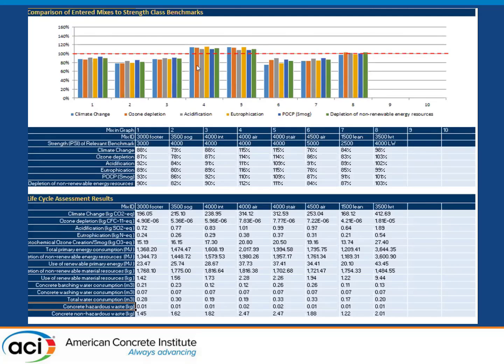And then when you're seeing the 4,000 air, this mix had a straight Portland mix. So in this case, it was higher than the industry average, and therefore we wouldn't be able to use this.